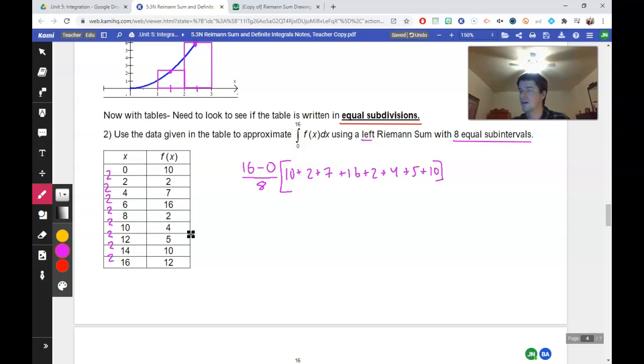And when you add all those up, I believe it's 56. Yep. And so this whole sum, when you calculate out, you get 112. So notice we do not use the last one, okay? Because it is a left Riemann sum, all right? And that's the fast way to calculate that, okay?